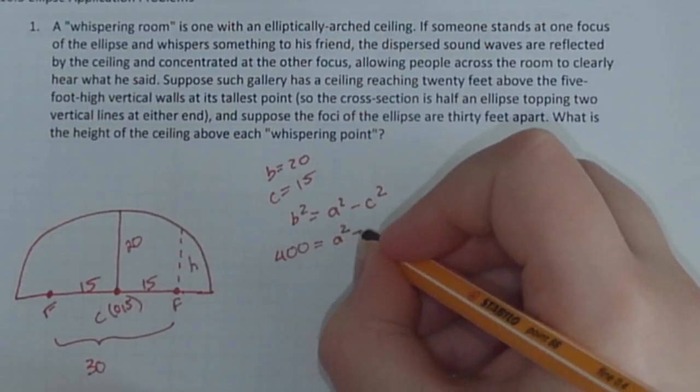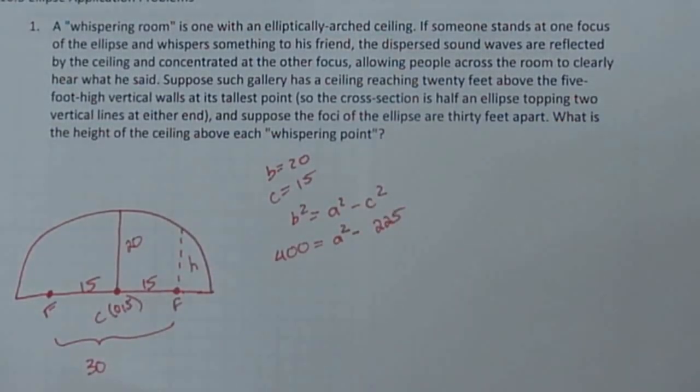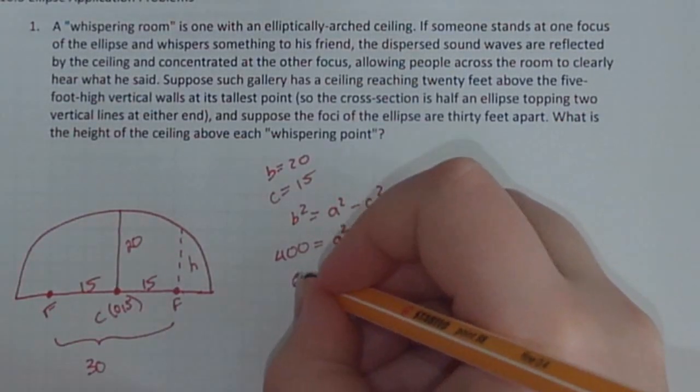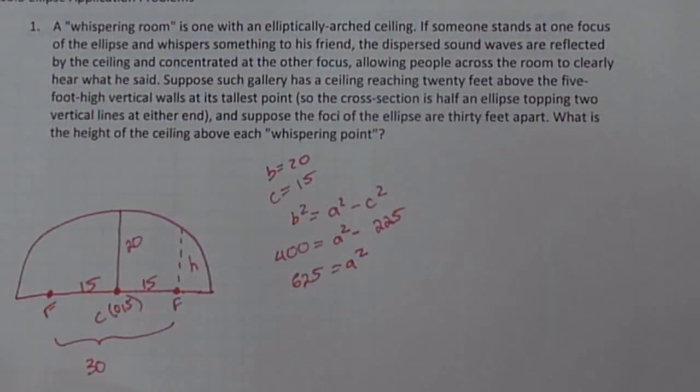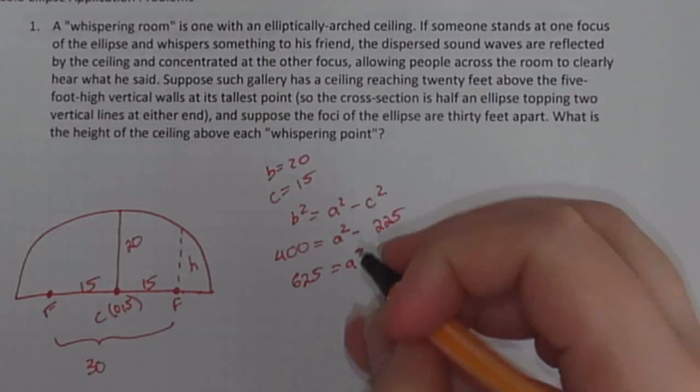So 400 equals a squared minus 225. Add the 225 to both sides. We have 625 equals a squared. Square root both sides, and a would be 25. There we go.